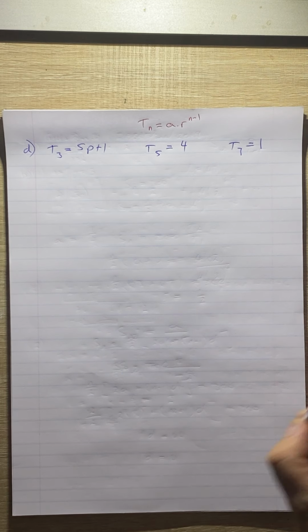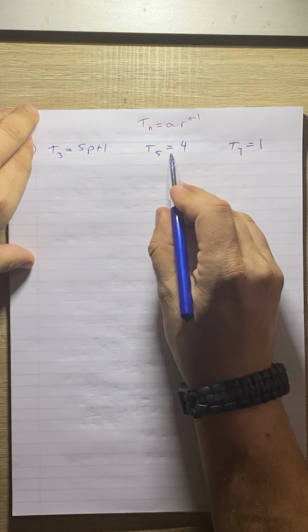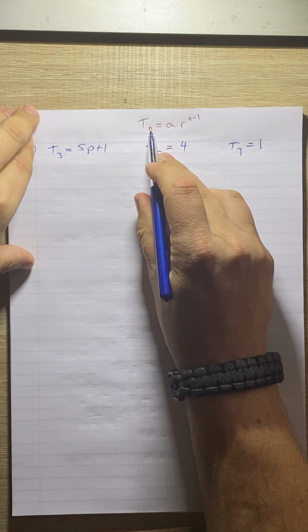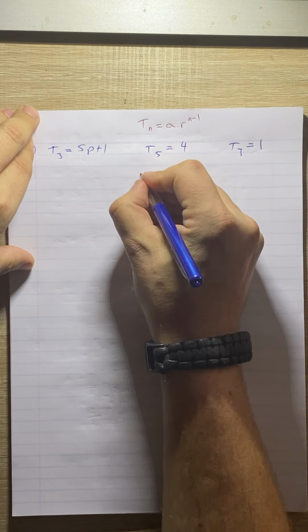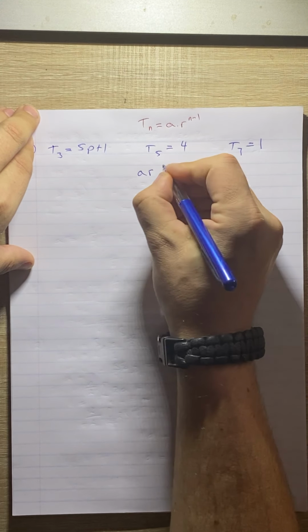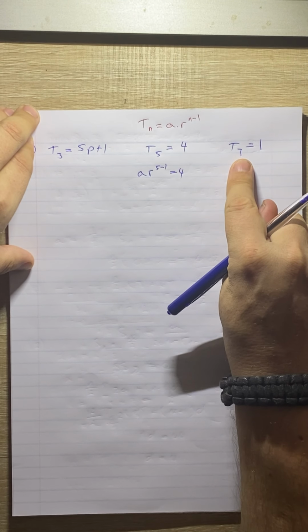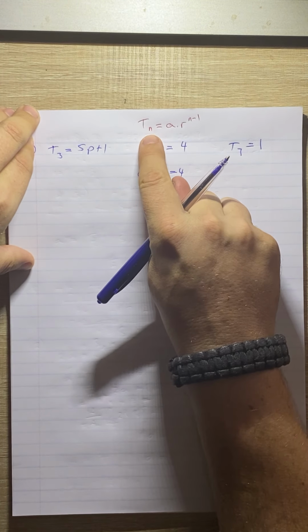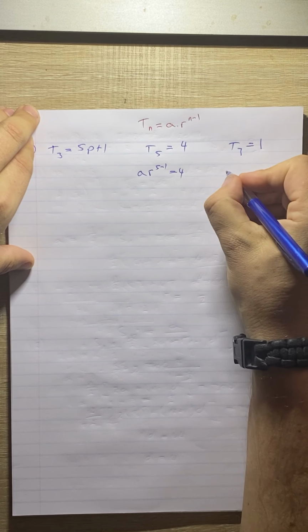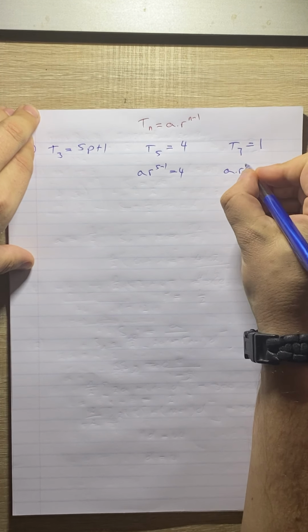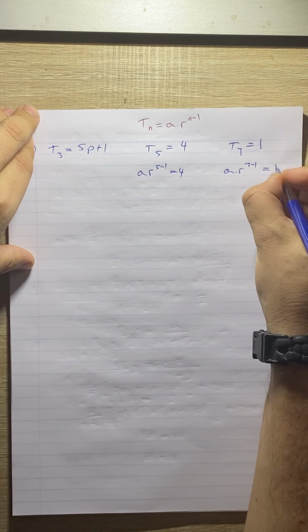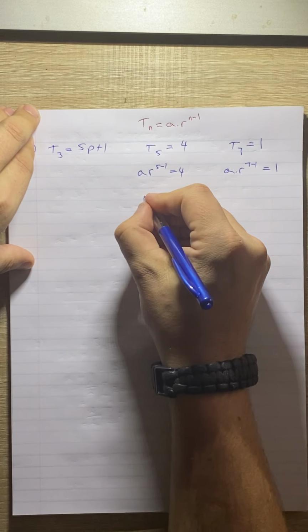So if I expand this over here, if I put 5 into the n, that means on that side I'm going to get AR to the 5 minus 1 equals 4. Likewise, I'm going to do it for the 7. Plug 7 into there, so we get AR to the 7 minus 1 equals 1. I'm just going to simplify this.